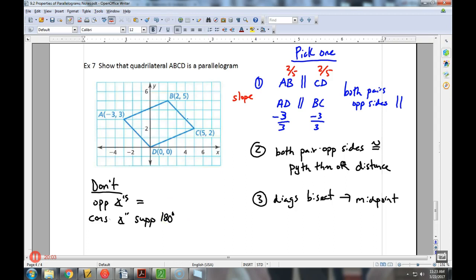So on the coordinate plane, you really don't want to do angles. I can show parallel and I can show length, I can do diagonals, but you can't really do anything with angles, so don't use those.